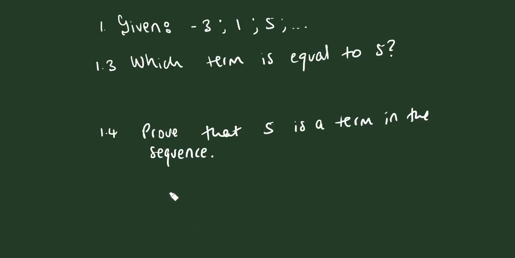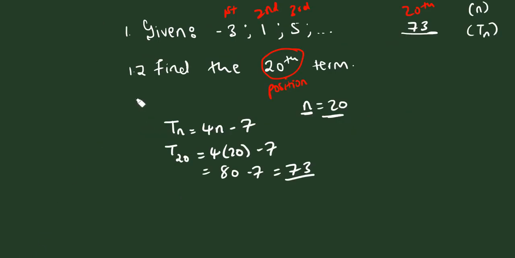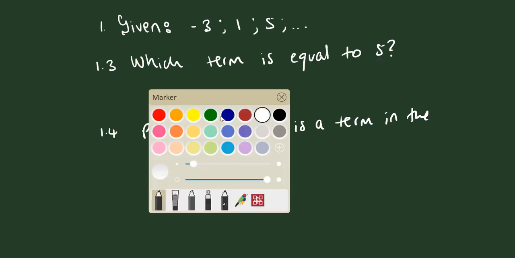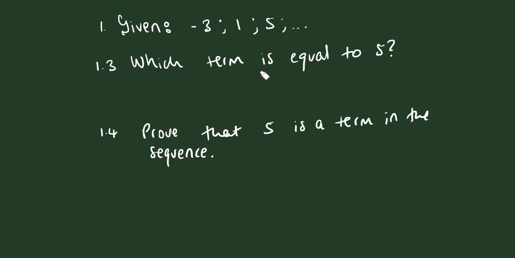They say given this, which term is equal to 5? This is the same sequence. They say which term is equal to 5? Now here, what are you given? That's what you ask yourself. They didn't give you the position here.